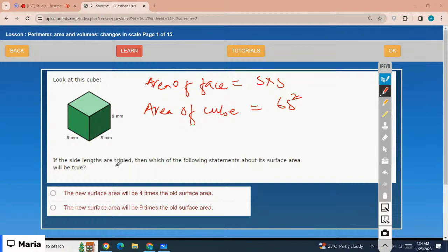Now you're going to triple the side length, right? Triple means you multiply 3 times s.